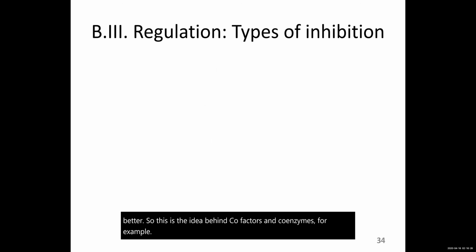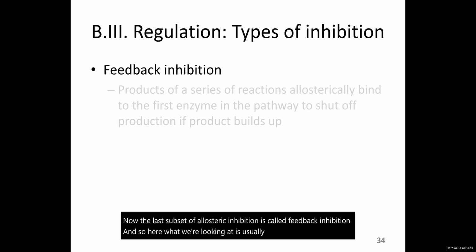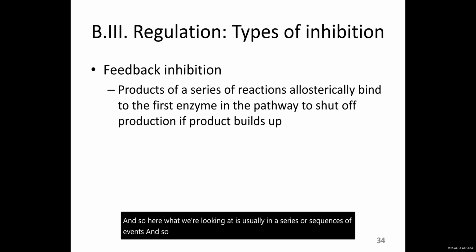Now, the last subset of allosteric inhibition is called feedback inhibition. Here we're looking at usually a series or sequence of events. When multiple products and multiple substrates are being produced, I'll show you an animation below. What happens is the last one in the series, typically at the end of the production line or the assembly line, if you will, can go back to the beginning of the series itself and allosterically inhibit the very first set of reactions.